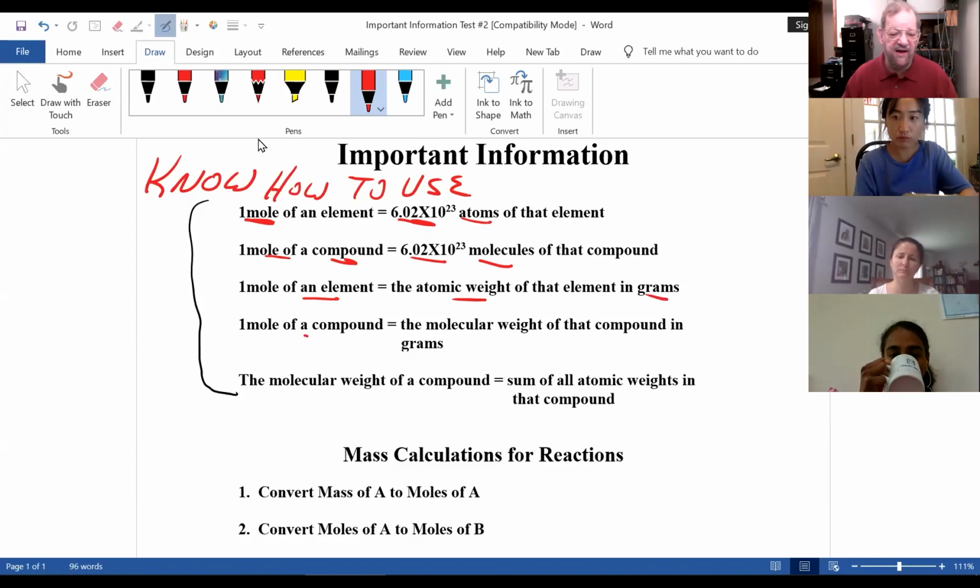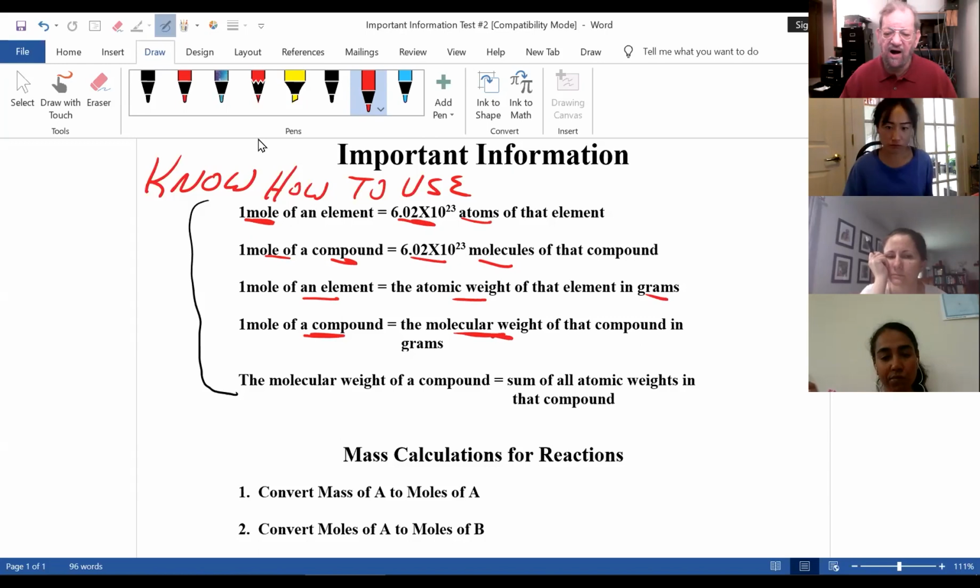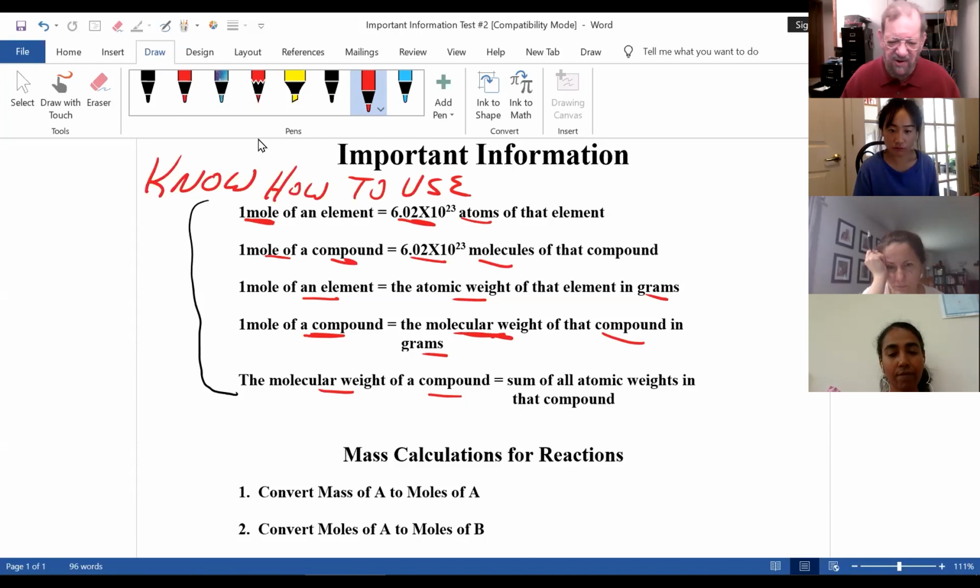And 1 mole of a compound is equal to the molecular weight of that compound in grams. And in case you forgot, the molecular weight, also known as molecular mass, but I use molecular weight, is the sum of all atomic weights. And the atomic weight is on the periodic table. Remember, for my class, use all atomic weights to 3 significant figures.